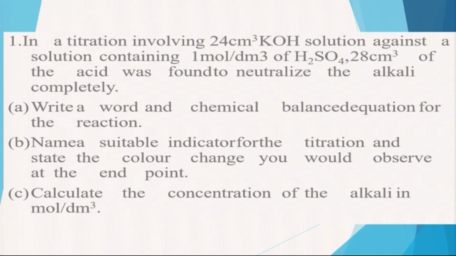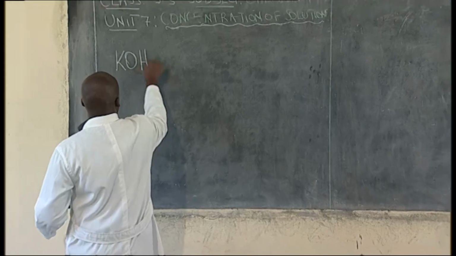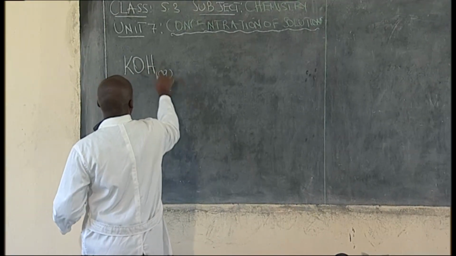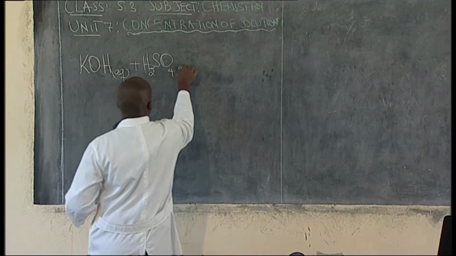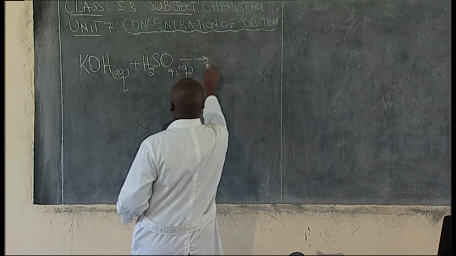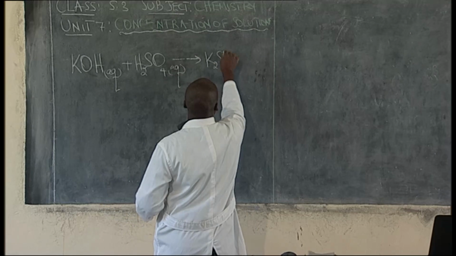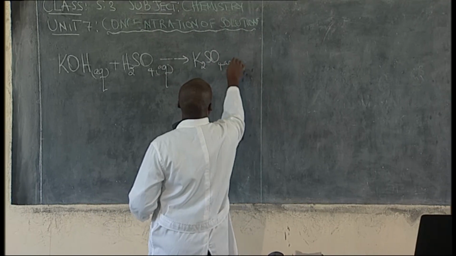So you have a solution of potassium hydroxide reacting with the sulfuric acid. This will give potassium sulfate and water.